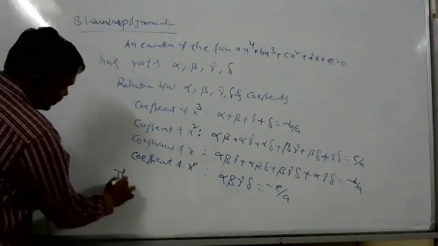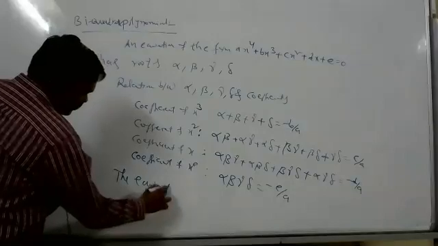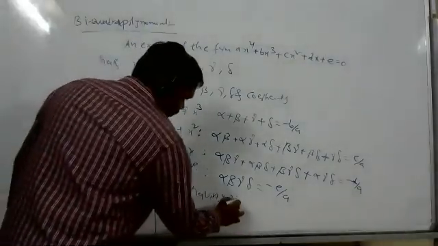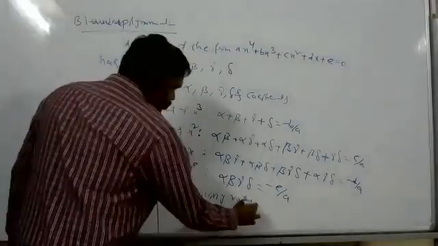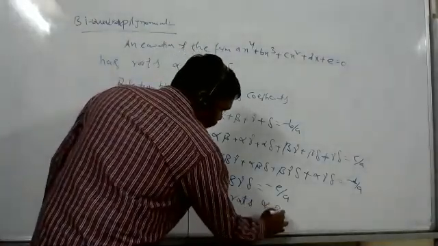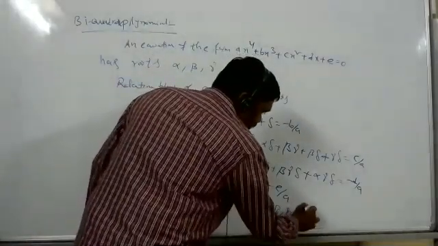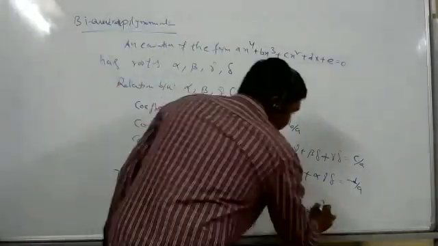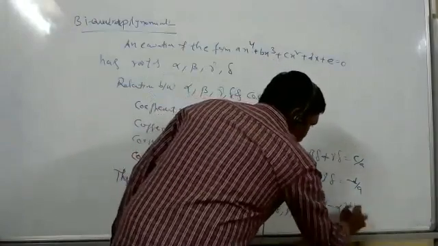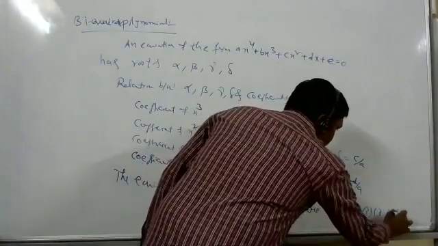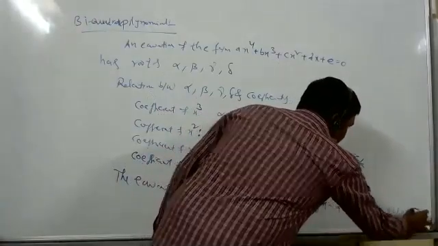The equation having roots alpha, beta, gamma, delta is (x minus alpha)(x minus beta)(x minus gamma)(x minus delta) equal to 0.